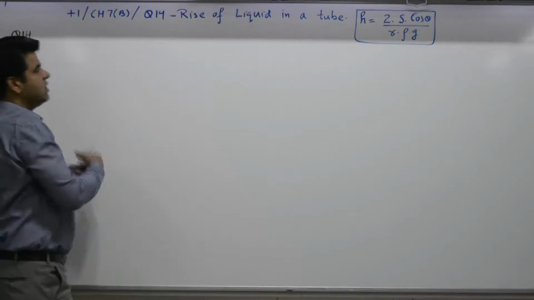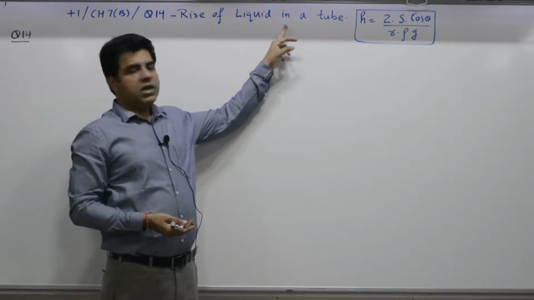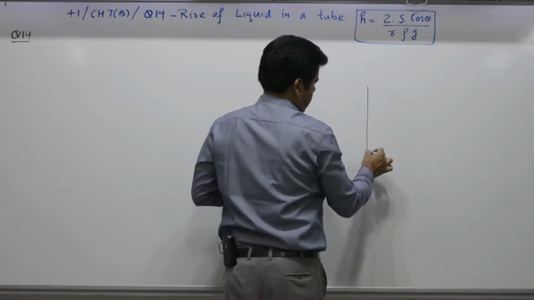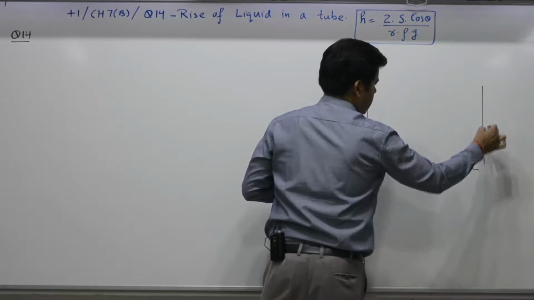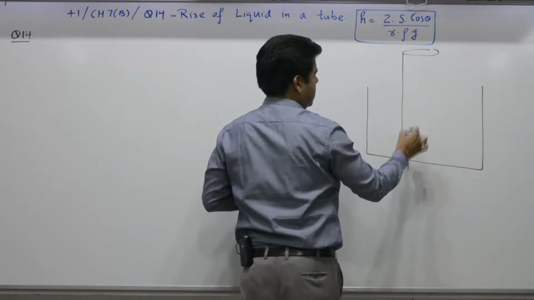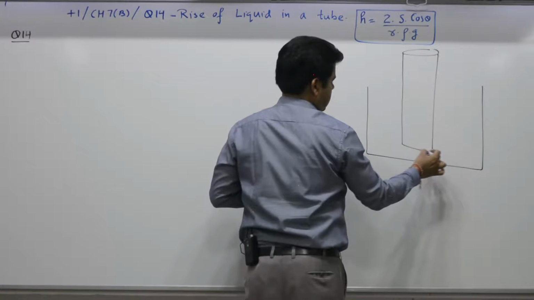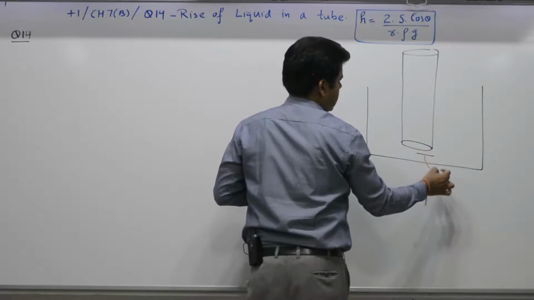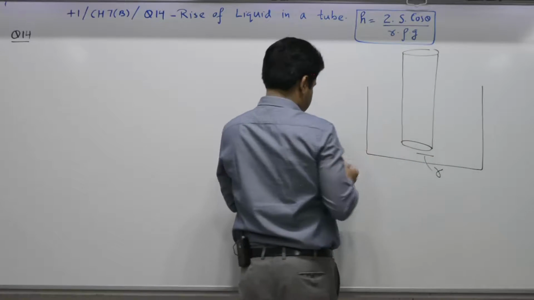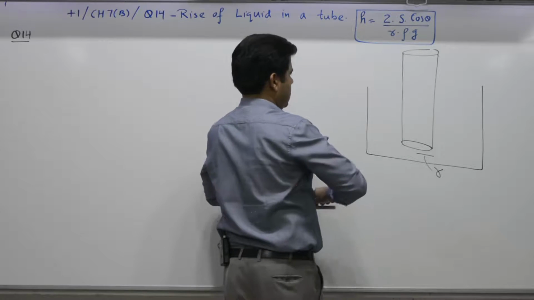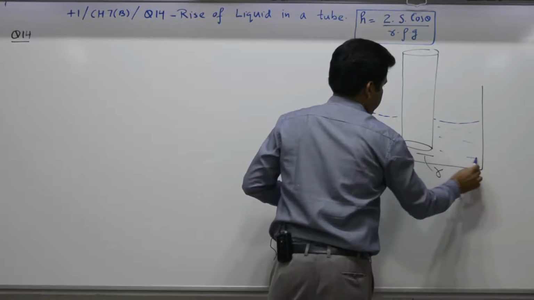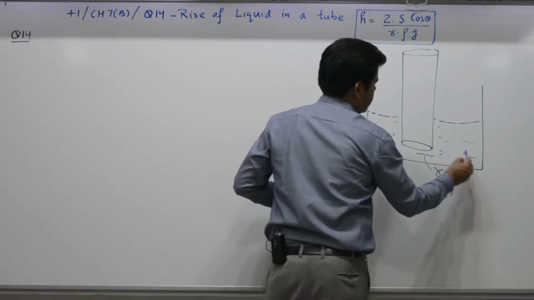Question number 14 deals with rise of a liquid in a tube. That is, if you have a container and you have a tube of radius r, small r, it is placed in a liquid of density rho.